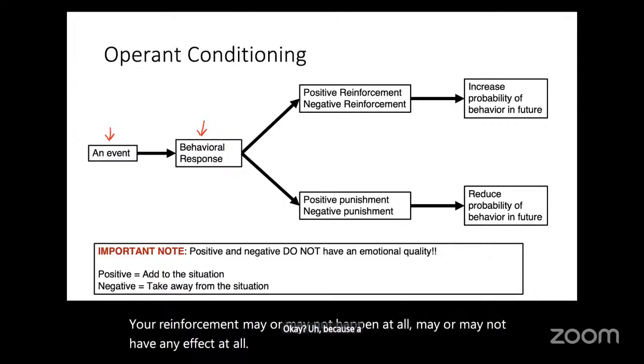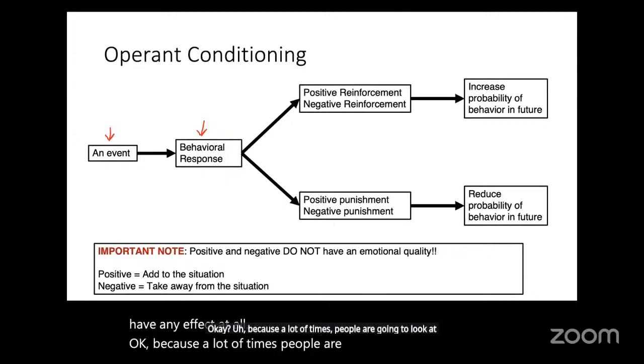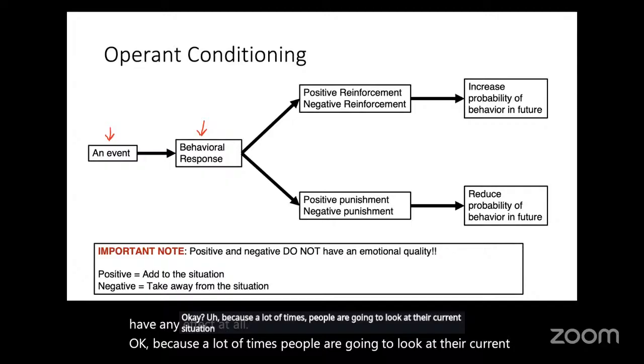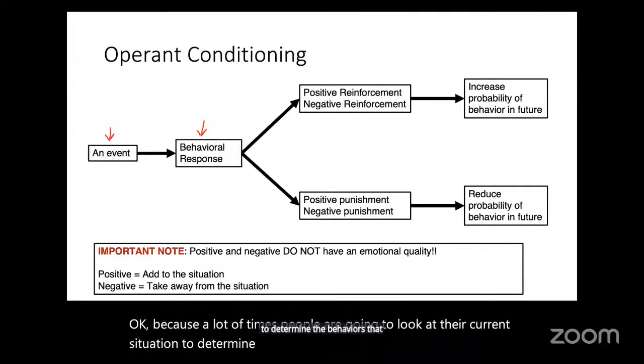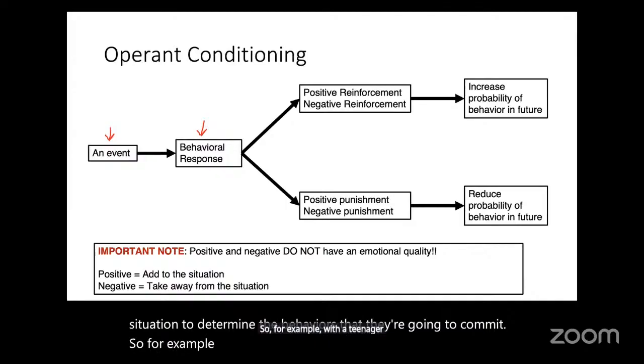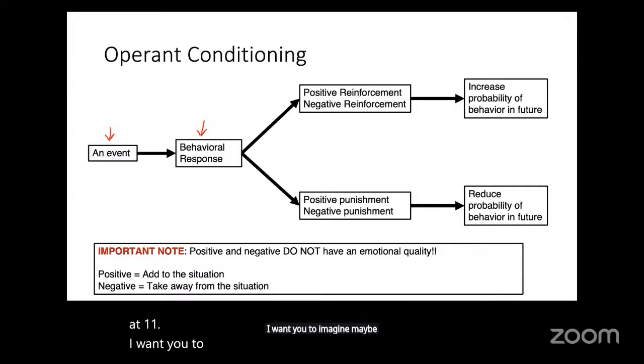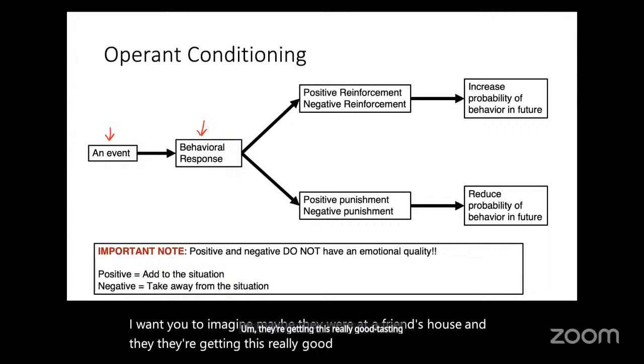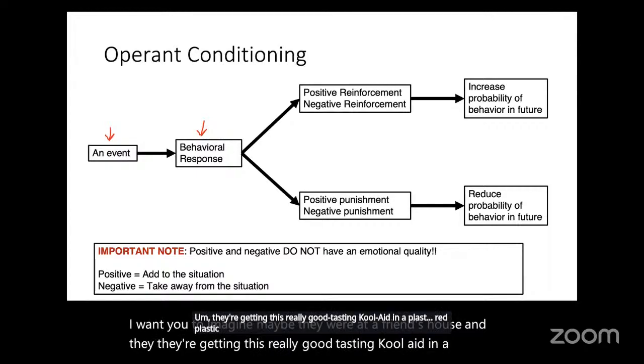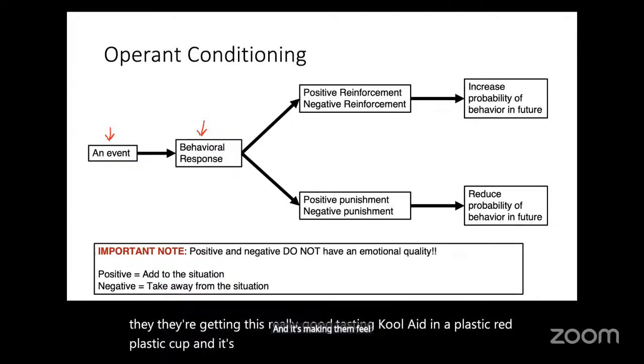Because a lot of times people are going to look at their current situation to determine the behaviors that they're going to commit. So, for example, with the teenager who was supposed to be home at 11, I want you to imagine maybe they were at a friend's house and they're getting this really good tasting Kool-Aid in a red plastic cup, and it's making them feel really good.